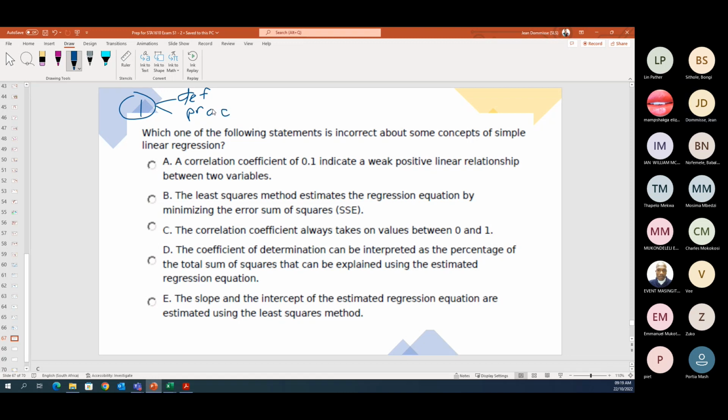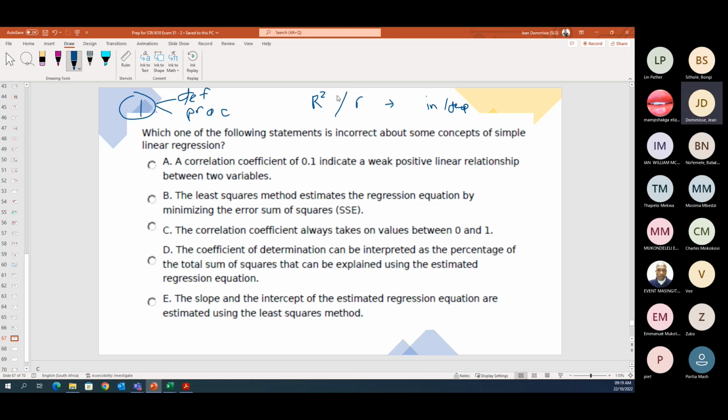So be prepared for a definition kind of question. Look at your definitions of R and R squared, and what is independent and what is dependent in regression. I think that is important from a definition point of view.